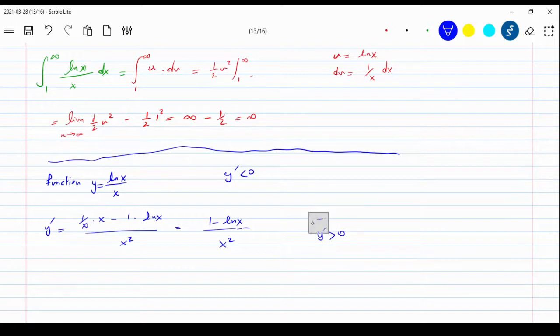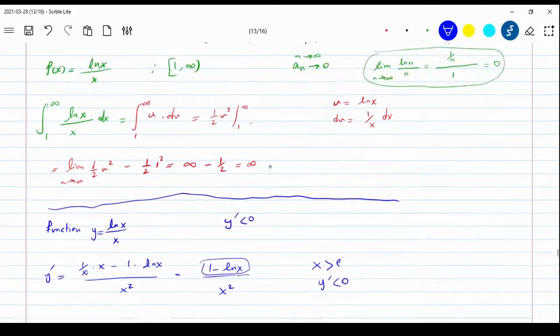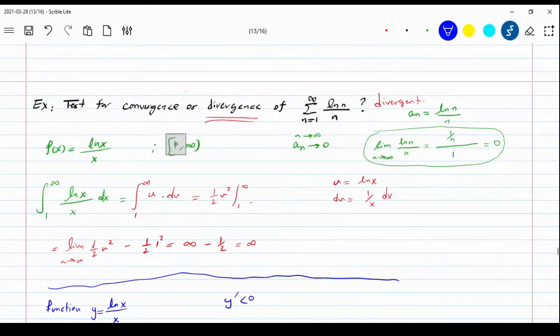But after you pick x to be greater than e, then y prime becomes negative because the numerator becomes negative. So this interval that I said from 1 to infinity could be changed to e to infinity. After that, the function is decreasing, and these lower bounds could be changed to e.